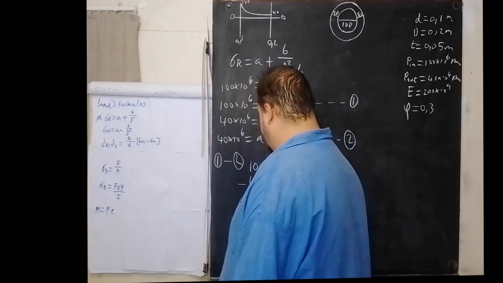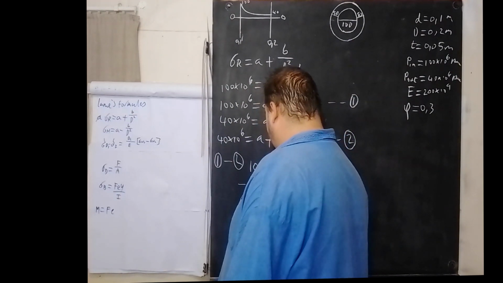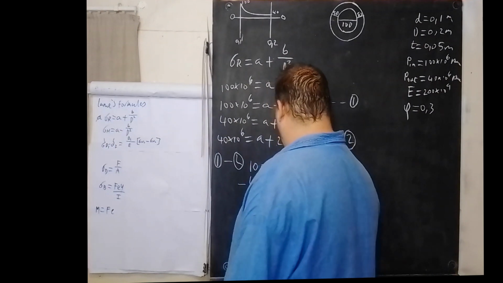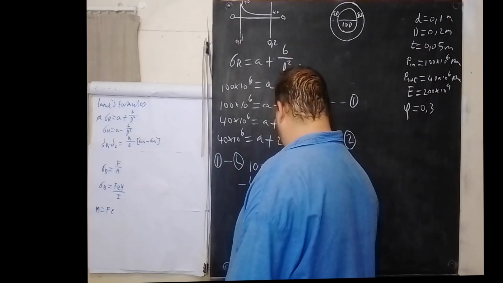100 minus 40 is 60 times 10 to the 6. A minus A is 0.